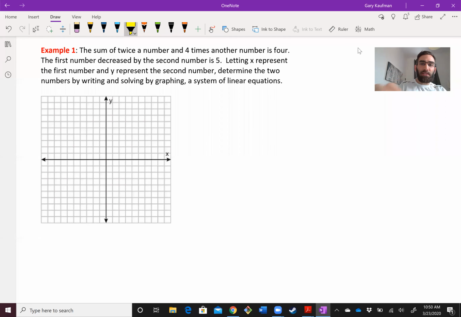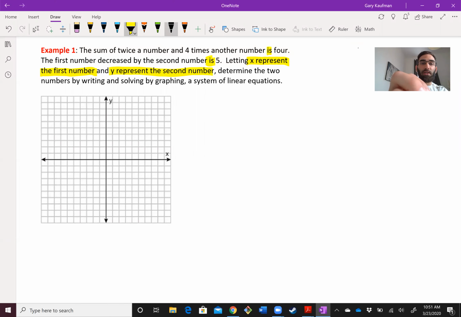And when I read this, I see the word is, and is means equal. So let's start. We've been told that we want x to represent our first number and y to represent the second number.